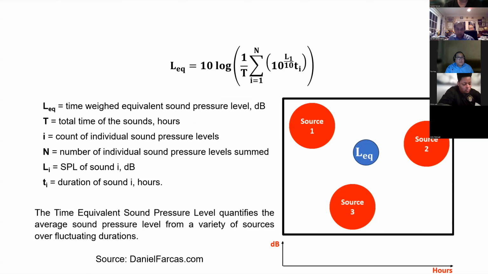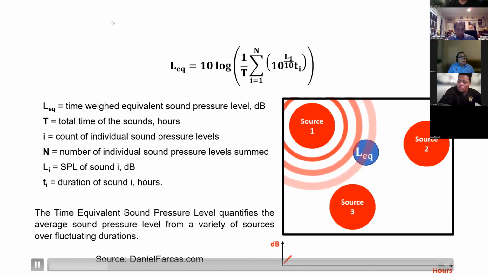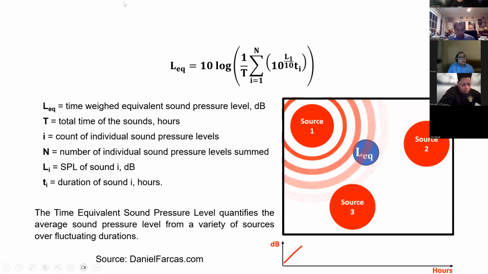This is the time equivalent sound pressure level, which quantifies the average sound pressure level from a variety of sources over fluctuating durations. Time equivalent sound pressure level is often used in environmental noise assessments, workplace noise evaluations, and other applications where it is important to characterize the average or equivalent sound level experienced over a certain time period.